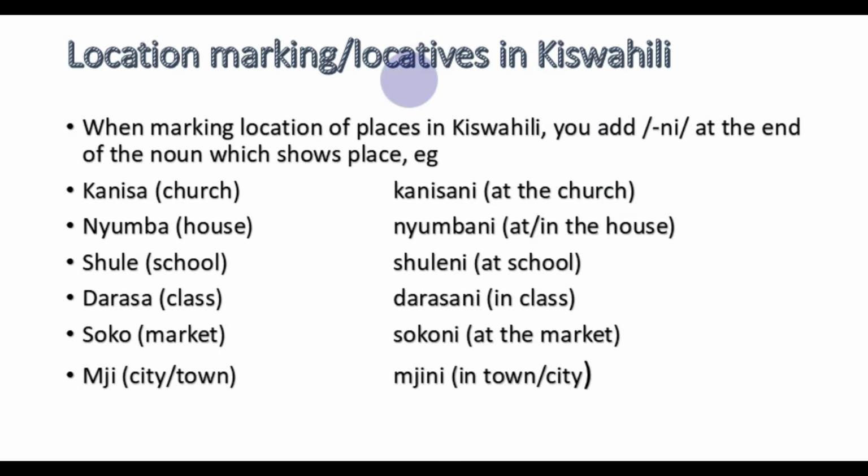We are going to look at the most basic type of location marking, whereby we just add ni at the end of a noun which shows place.